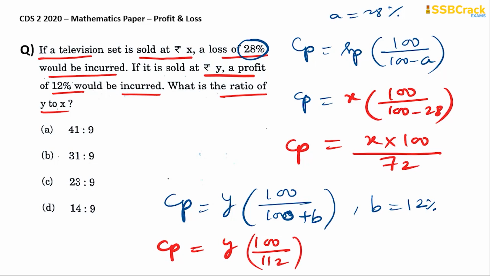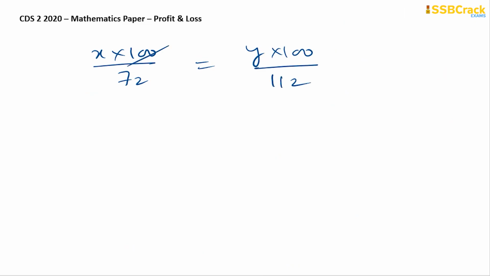Now to find the ratio, we can see that the left hand sides are the same for this equation and this equation. So equate them. X into 100 upon 72 is the same as Y into 100 upon 112, out of which 100 cancels on both sides, leaving X upon Y. But what is the question demanding? Y upon X, right? So I will write Y upon X is equal to 112 upon 72, isn't it?